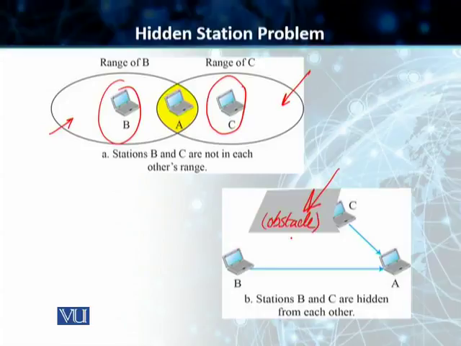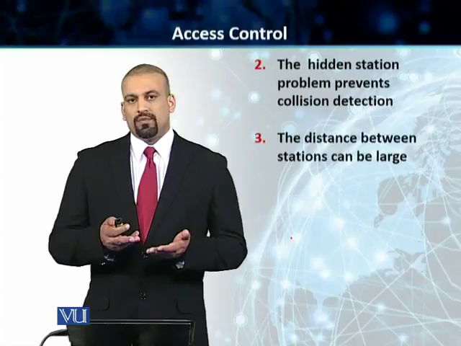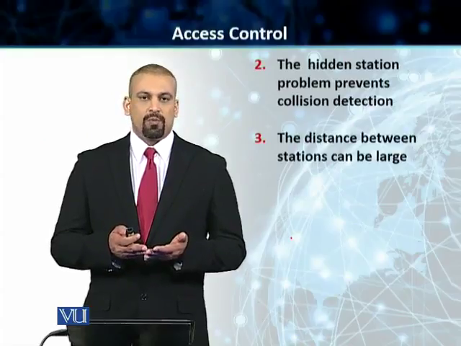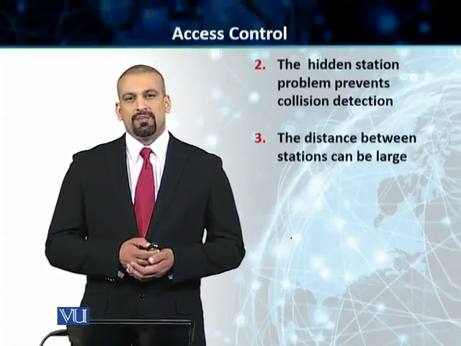In this case too, if a collision happens, for example between C and A, and C wants to transmit that collision information to the rest of the hosts, it will not be able to transmit that info to B because B is behind this obstacle. Students, so you went through the hidden station problem, because of which we can't use CSMA-CD as well.